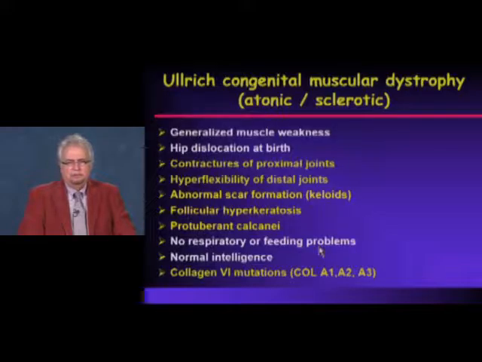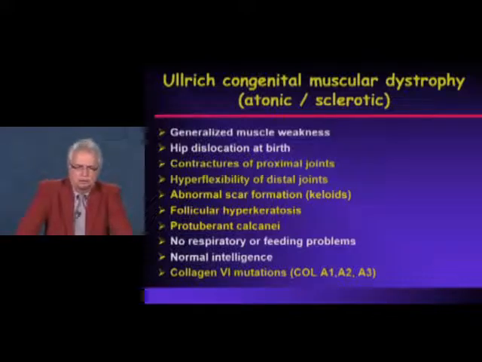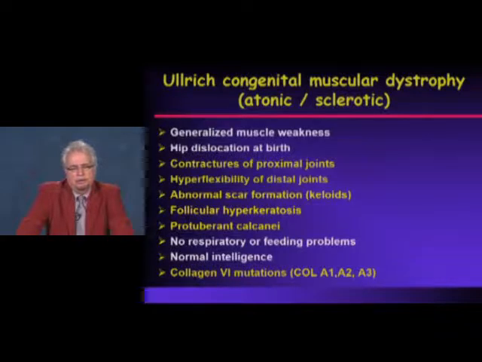I told you that there are also other types of congenital muscular dystrophies without central nervous system involvement. One of them important to mention is Ullrich congenital muscular dystrophy. It used to be known also as the atonic-sclerotic form, presenting with generalized muscle weakness.